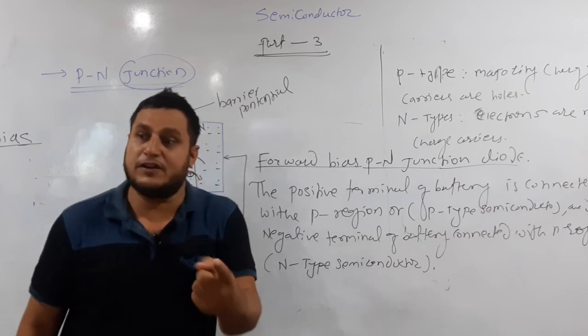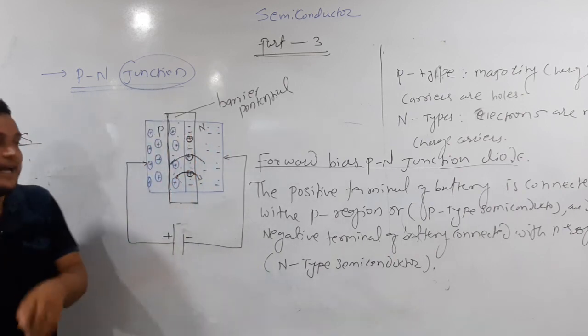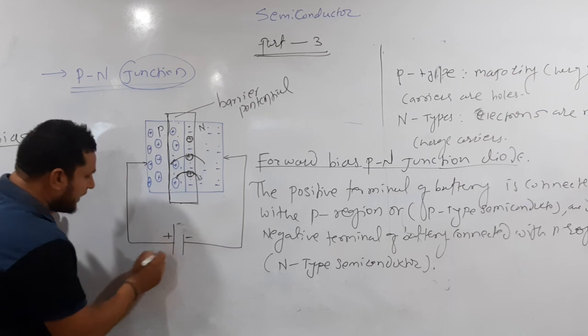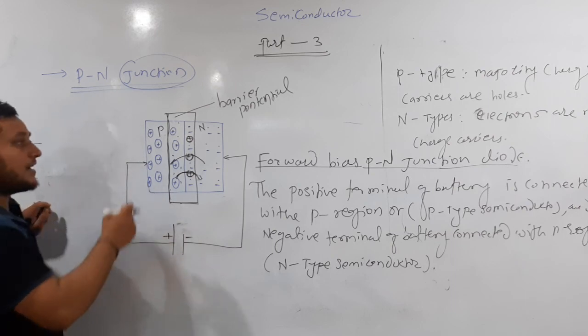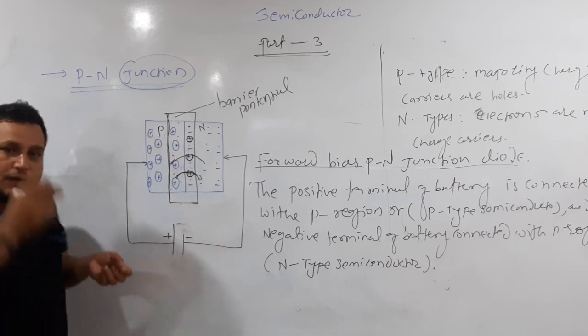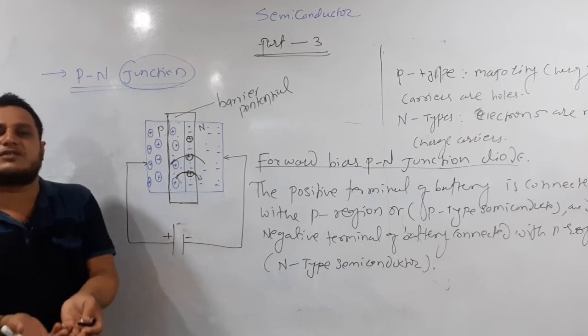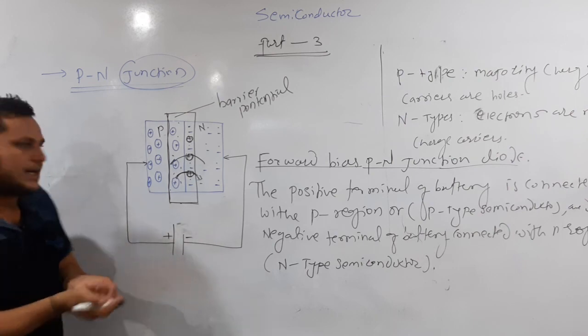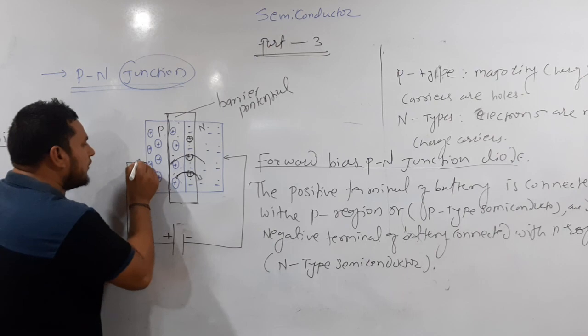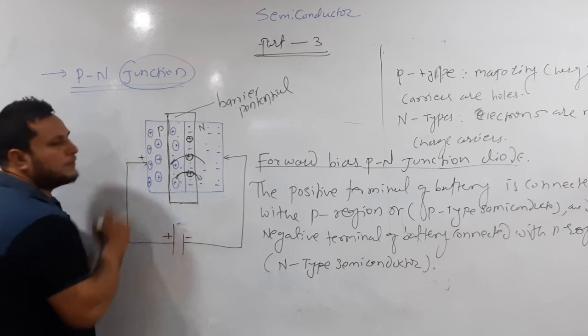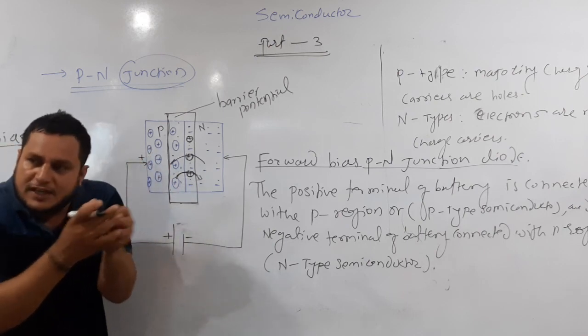Yes, definitely it will decrease. Why? Because here we are connecting the positive terminal of the battery with the P region, and in the P region there is already a positive charge as the majority charge carrier. So this positive terminal of the battery and the positive nature of the P region repel each other.